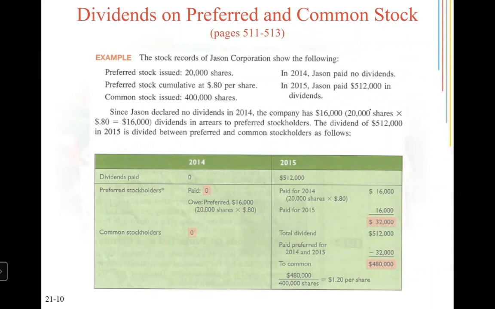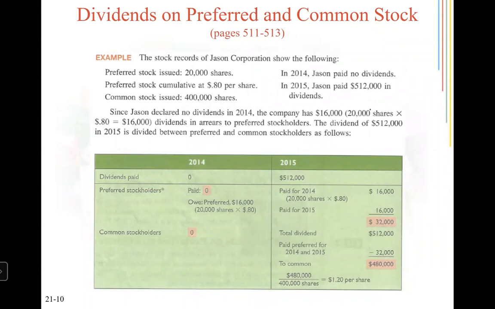This is an example where we have a company called Jason, and Jason has preferred stock issued of 20,000. The preferred stock is 80 cents per share. So what that means is that all those persons who have preferred stock have to be paid 80 cents per share each year. They're owed that.